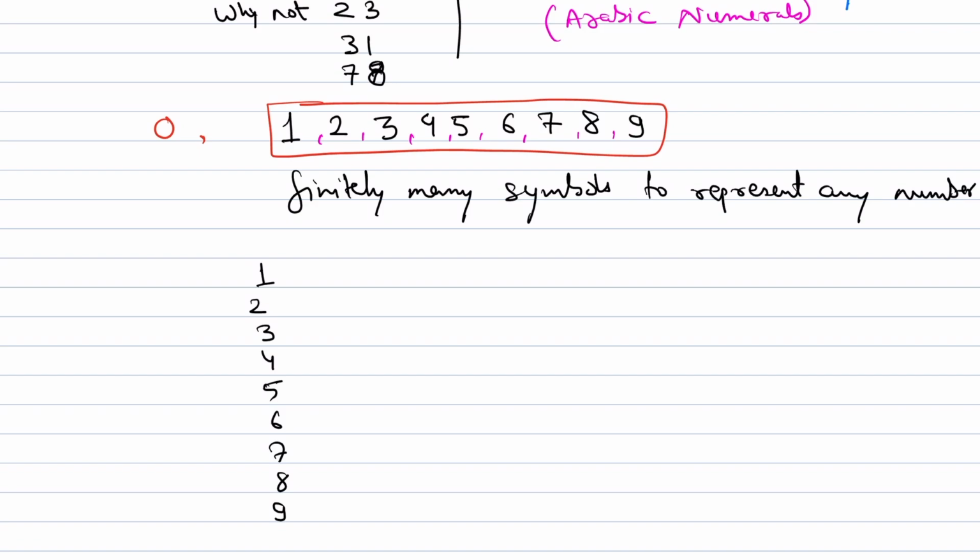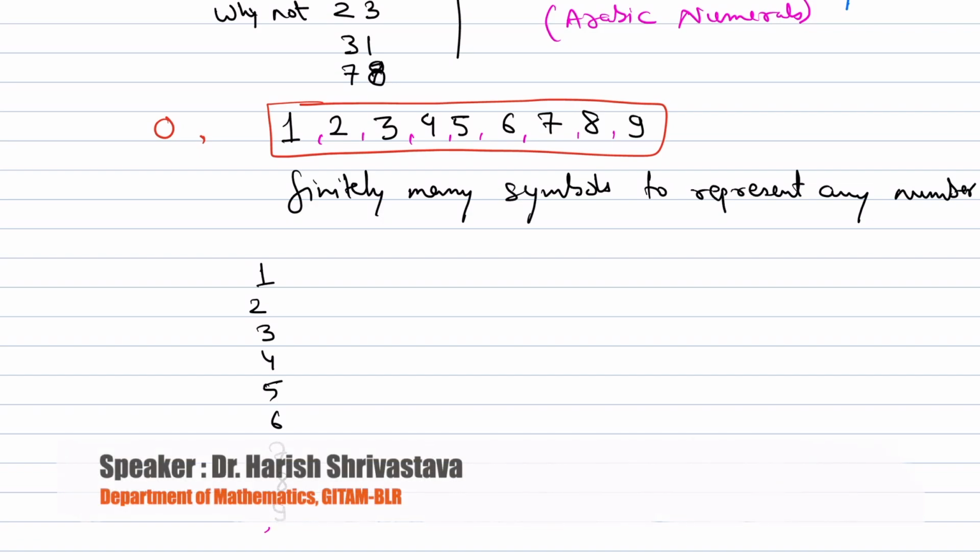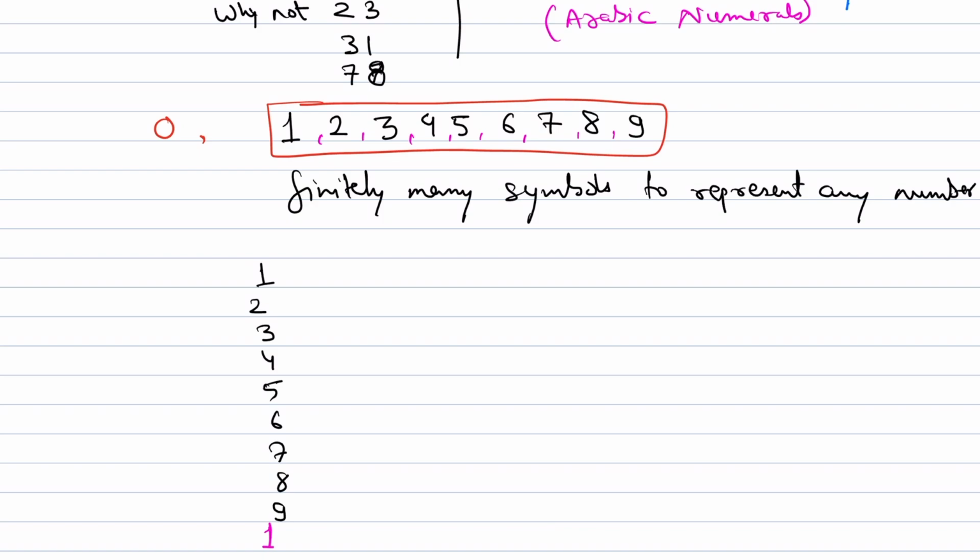So some Indian guy must have thought that, okay, I have run out of digits, so let's keep a tally of how many times I have run out of digits. So he writes 1. This is how many times I ran out of digits.